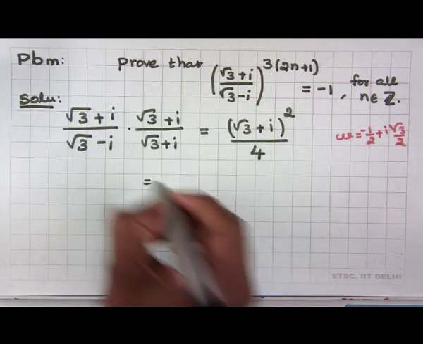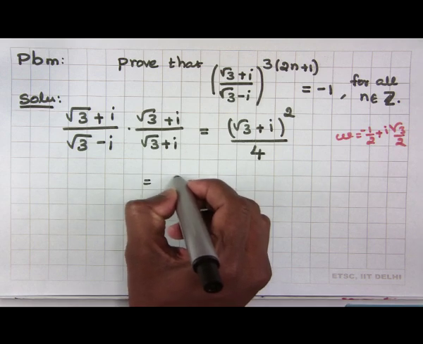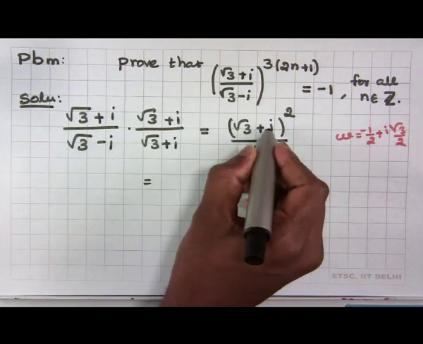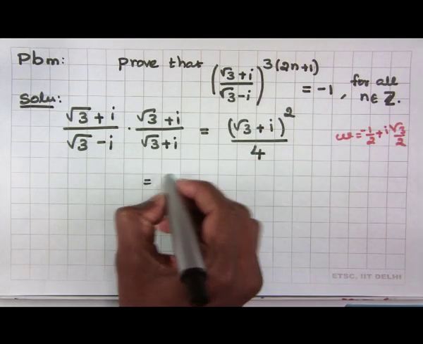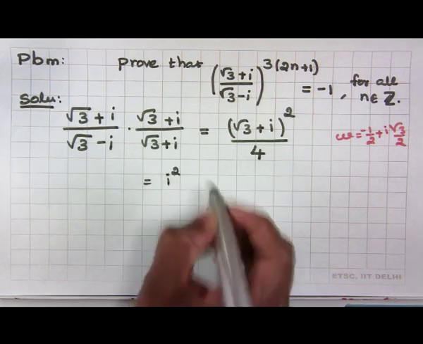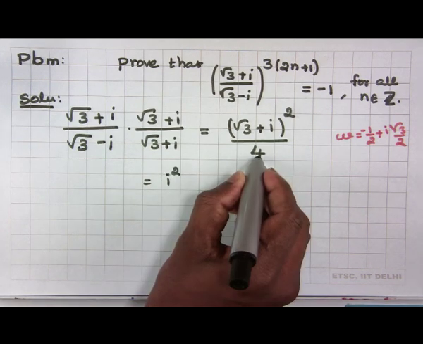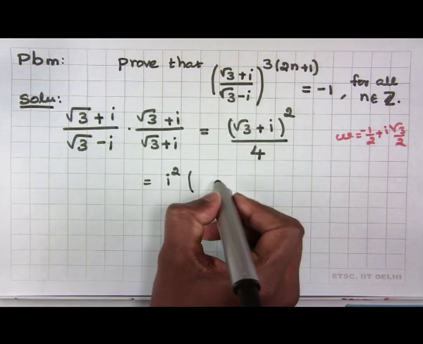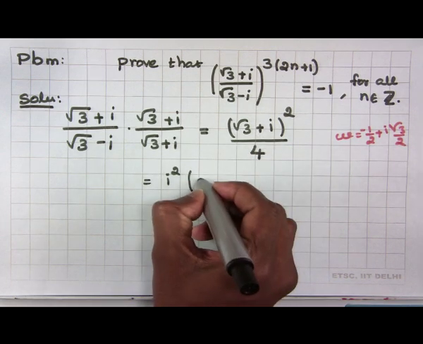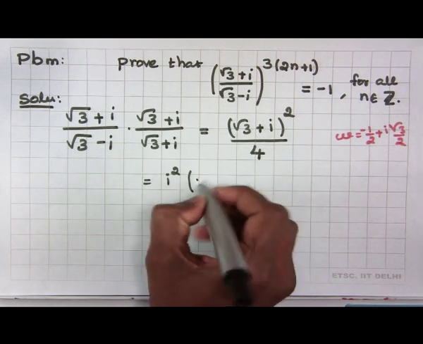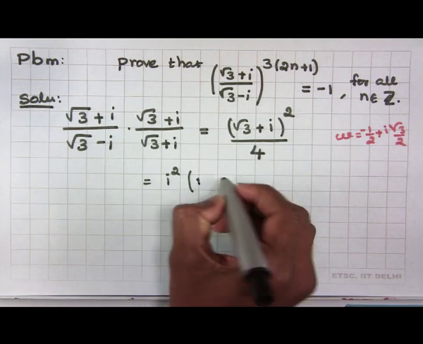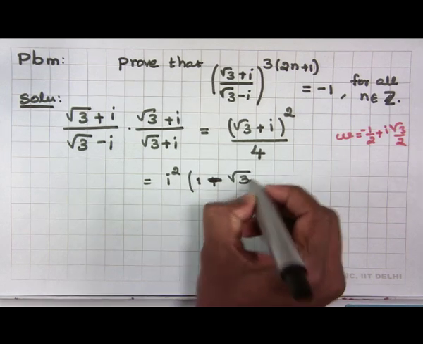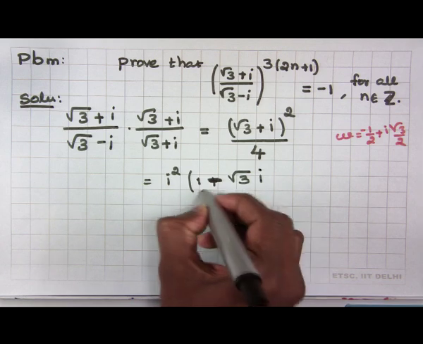We can take i out commonly from √3 + i. Taking i outside gives i squared, and we can take 4 inside the square term, which means that we get 1 minus ... by 2.